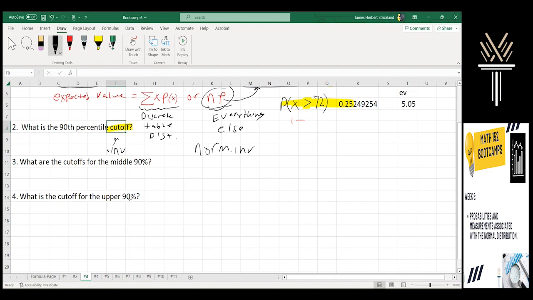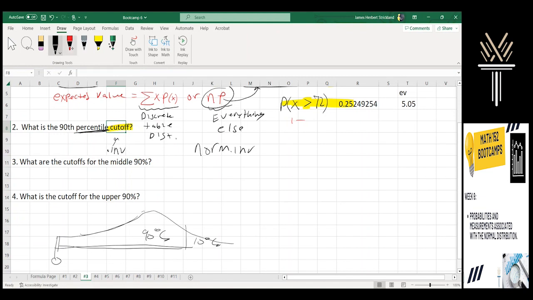And the other thing we have to worry about then is this word percentile. Percentile simply means starting at the left and going until you get to that value. So essentially 0 up to the 90% of the area. And so of course the right is 10% if I wanted it.